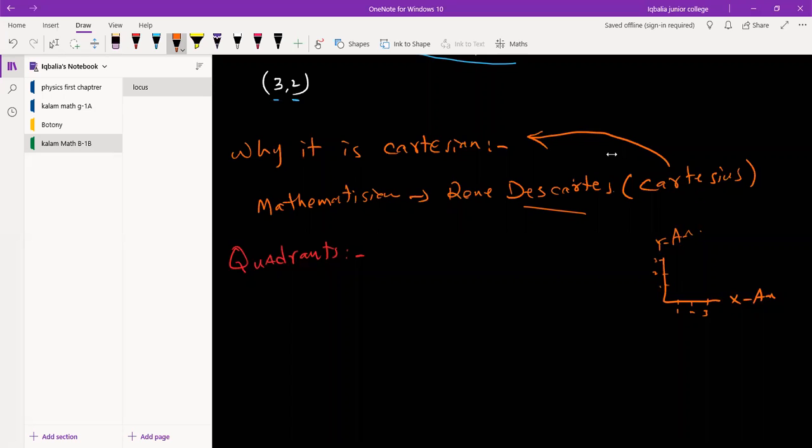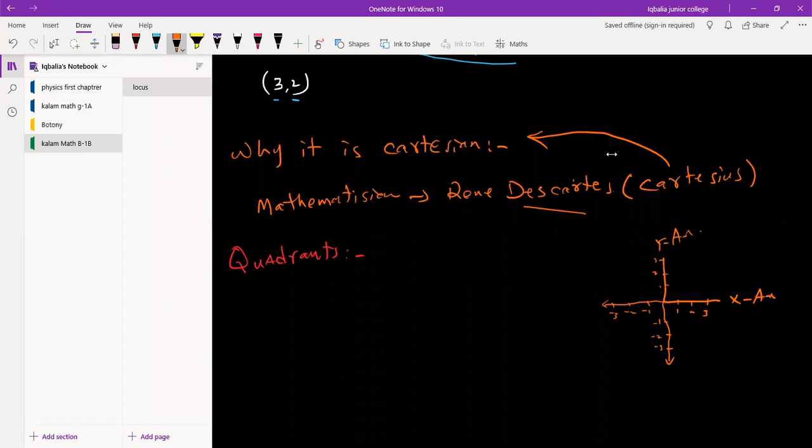Suppose I am adding the negative x-axis, -1 -2 -3, and here I am adding the negative y-axis, that means -1 -2 and -3.